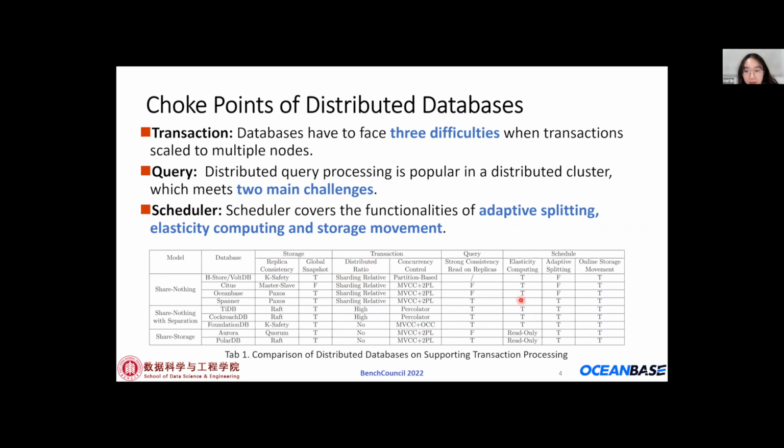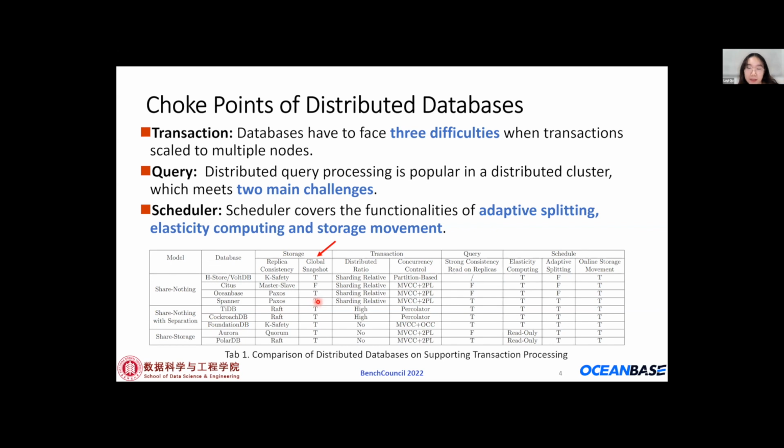For the query layer, distributed query processing is popular in a distributed cluster, which meets two main challenges. The first is to provide a global snapshot to guarantee data consistency among different nodes. All distributed databases provide users with a global snapshot except a few.